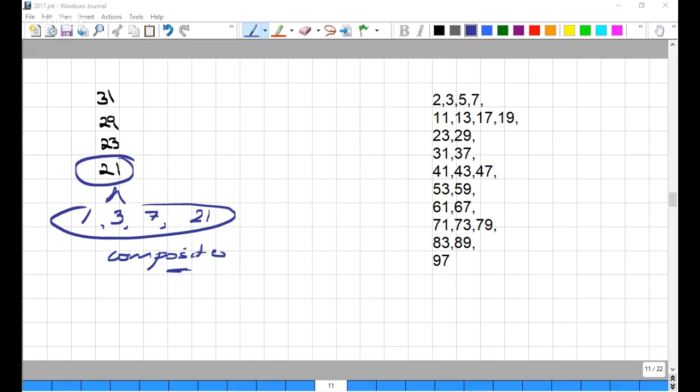Okay. So let's look at these here. We have 25 numbers between 1 and 100 that are prime. So 2, 3, 5, 7, 11, 13, 17, 19, 23, 29, 31, 37, 41, 43, 47, 53, 59, 61, 67, 71, 73, 79, 83, 89, and 97.